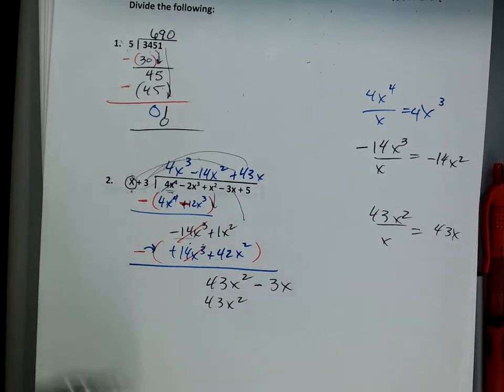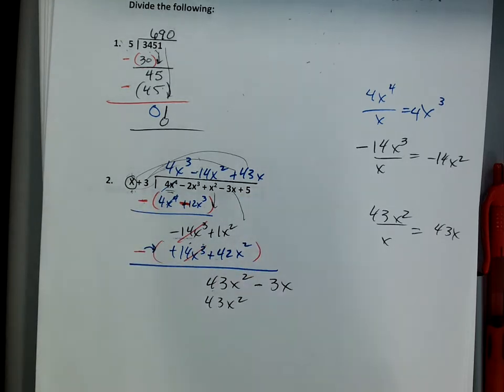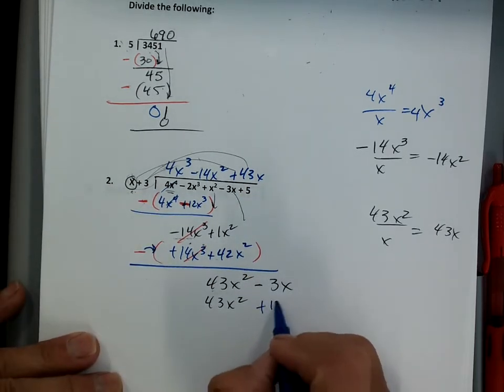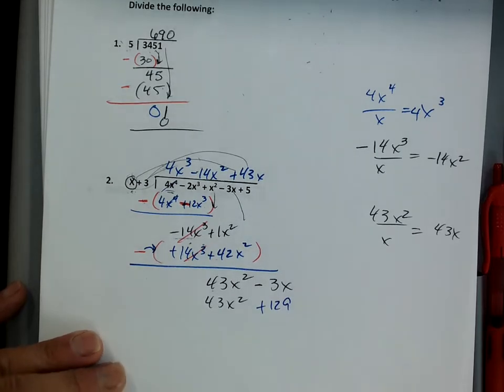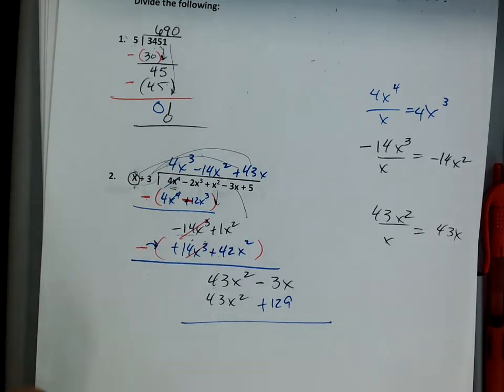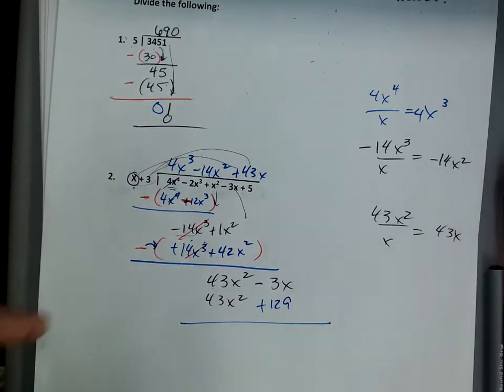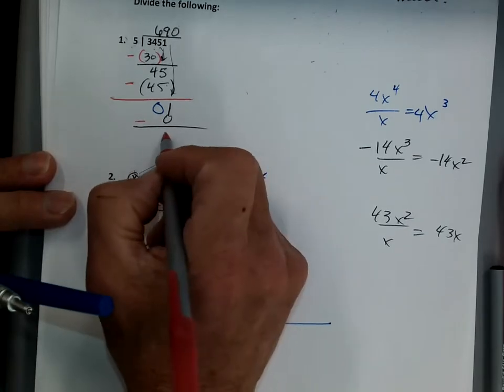Whew, big numbers. It's a positive 129, right? Positive 129. And then I'm going to subtract them, right?